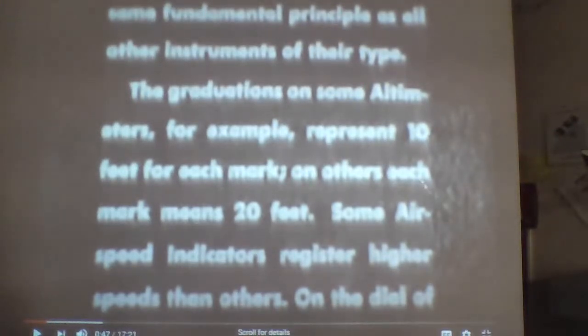The graduations on some altimeters, for example, represent 10 feet for each mark, and on others, a mark means 20 feet. Some airspeed indicators register higher speeds than others.